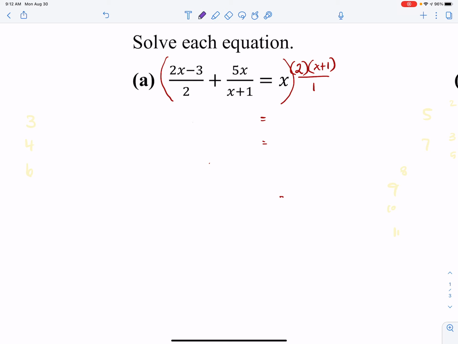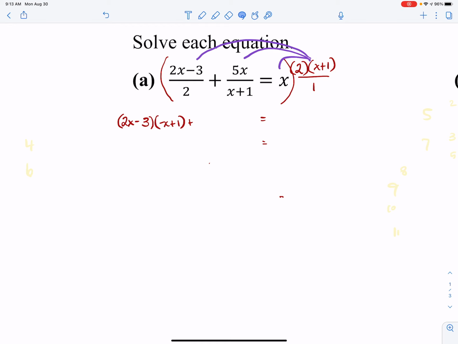I'm going to distribute this to each term. When I distribute to the first term, the 2 on top and the 2 on bottom cancel each other out, so all that's left is 2x minus 3 and an x plus 1. The 2x minus 3 comes from here and the x plus 1 comes from here.